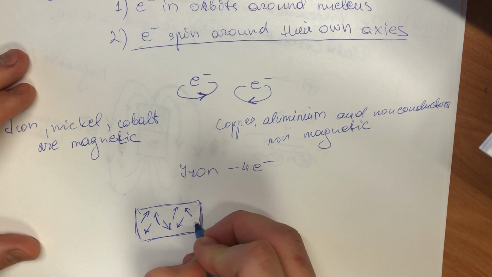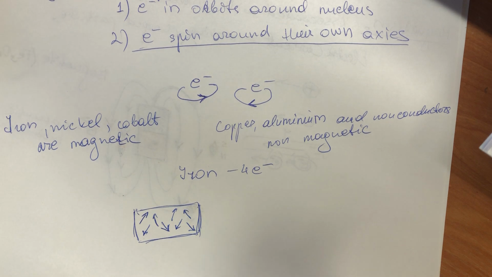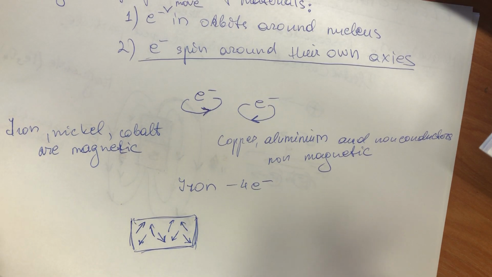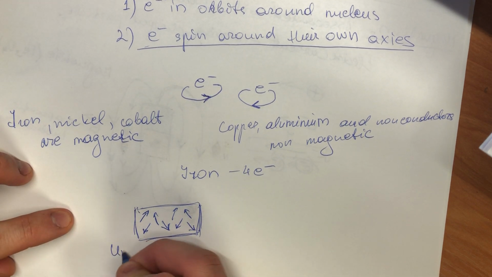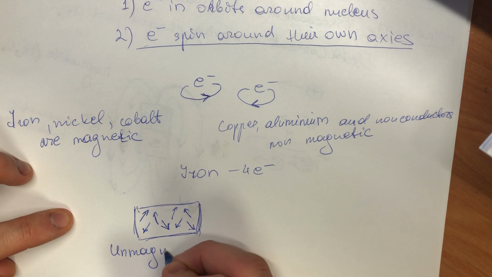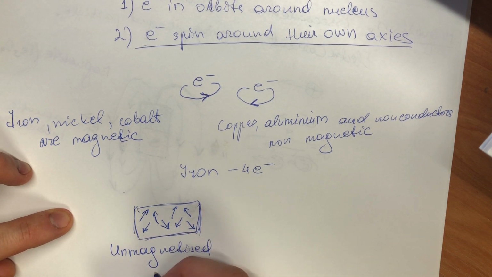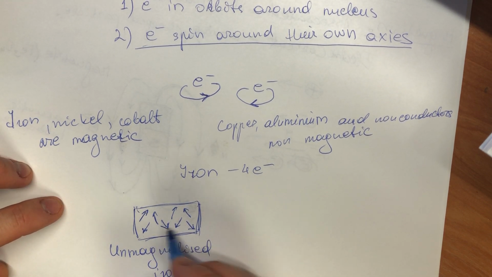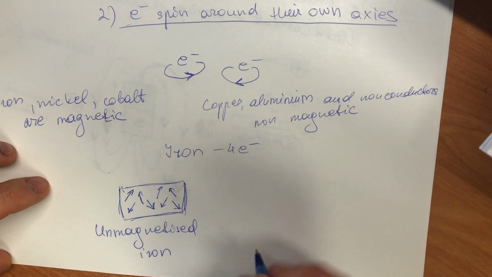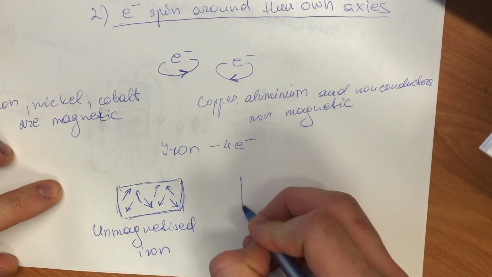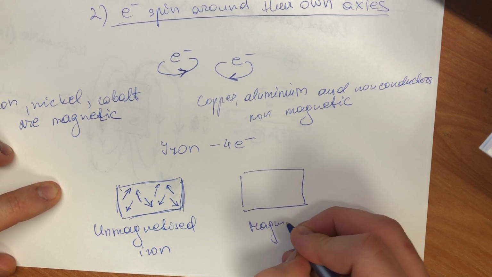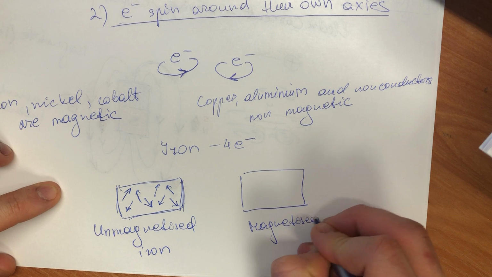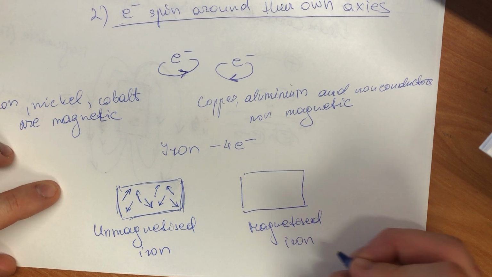But if iron is positioned in a magnetic field, this is unmagnetized. Unmagnetized iron domains are randomly distributed. But if iron is positioned in an external magnetic field, the iron is magnetized.